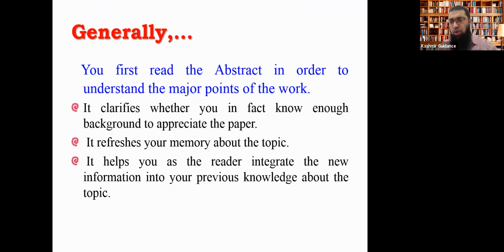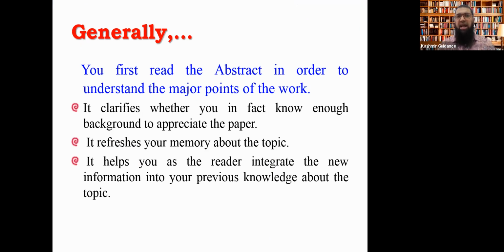So let us discuss the points. How do you effectively read a research paper? The first thing is that you should read the abstract. Every time you want to read a paper, first of all, read the abstract. Sometimes you will get a paper which is not relevant to your research arena, and you will lose time and interest.